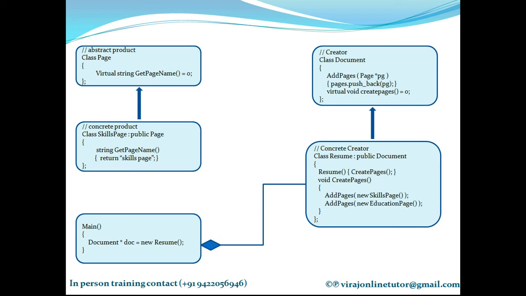Suppose just creating an object is not sufficient, but that object has to be initialized with some data which is not there with the client. So who is going to initialize that data after creating the object? The factory method. So when just creation of an object is not sufficient and you have to initialize some data to it, let the factory method do it.